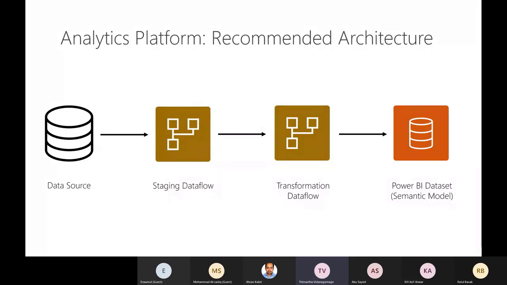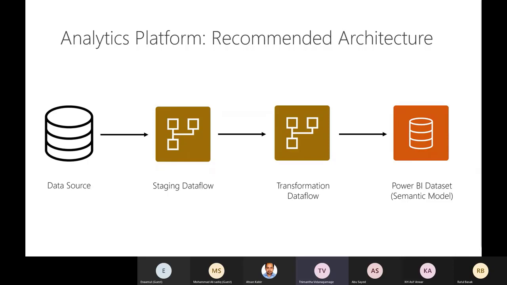Starting from the staging data flow, data is loaded as is from the data source into the staging data flow, from the relevant tables in the data source, and those tables are the output tables of the staging data flow.